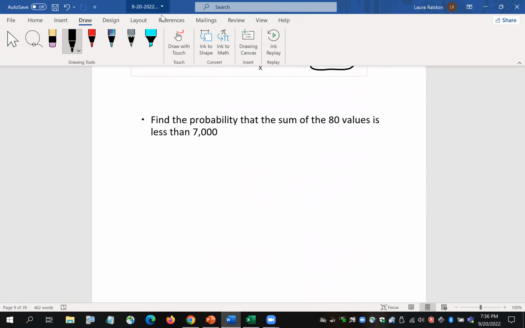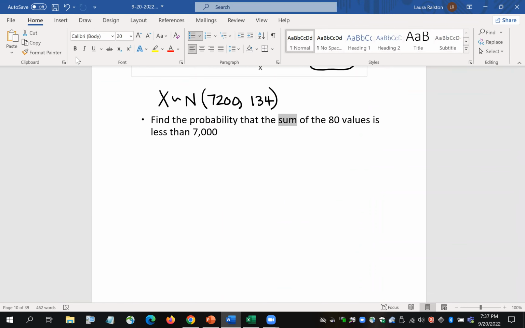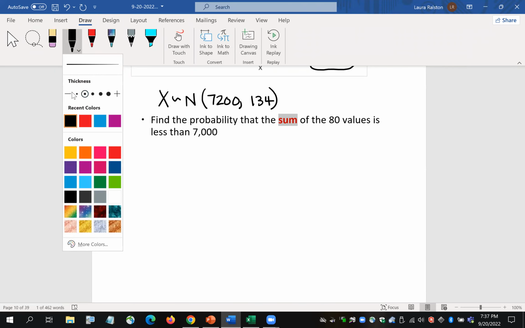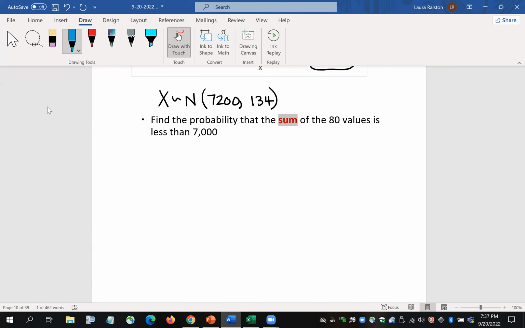Okay, same scenario. We know that we have a normal distribution with a mean of 7,200 and a standard deviation of 134 when we apply the central limit theorem for the sum. It says, find the probability that the sum of the 80 values is less than 7,000. So again, if we draw a picture, we have our normal bell-shaped distribution.